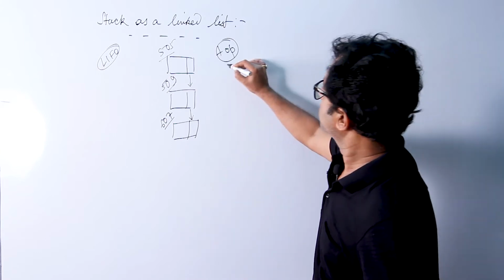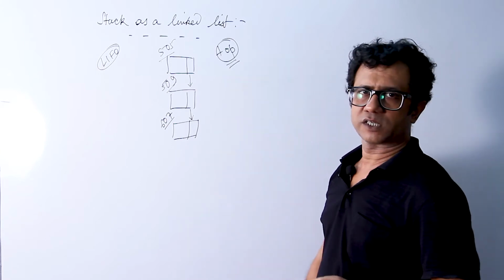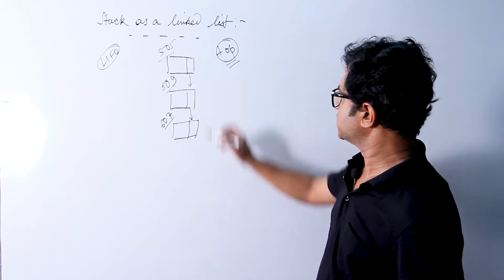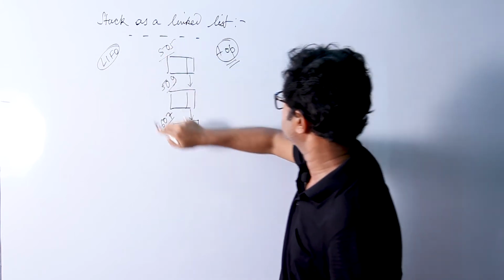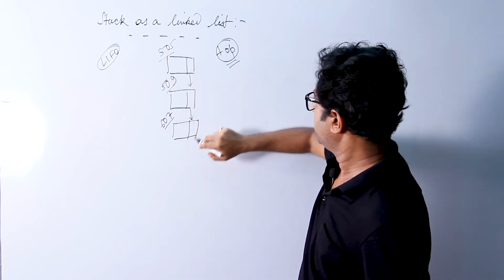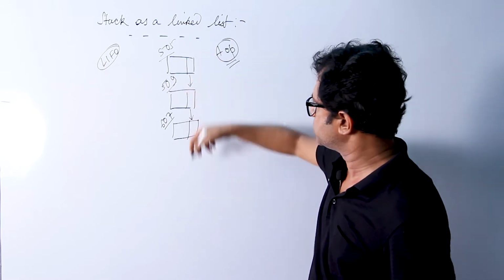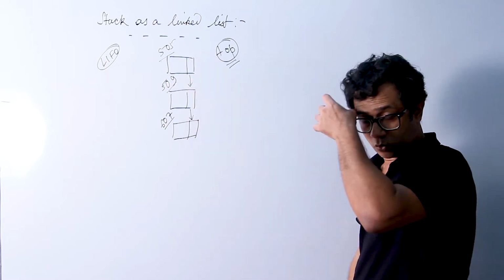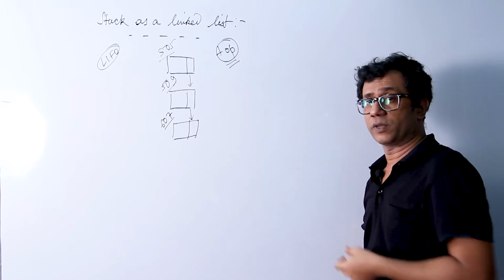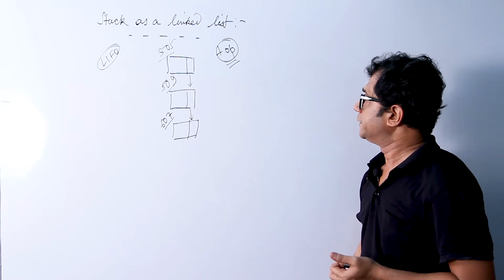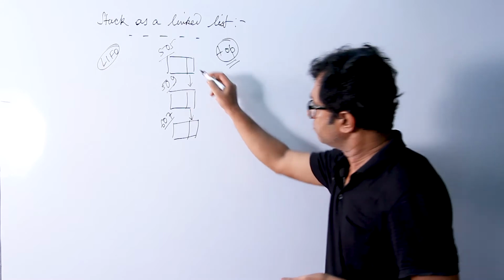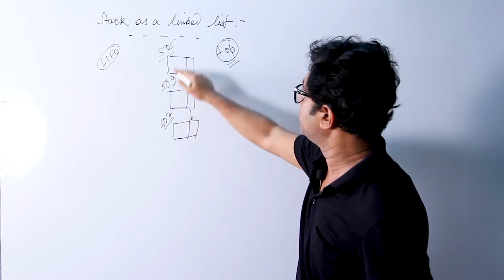So this top will be the most important parameter of the stack to be reckoned with. In this example we have taken this entire stack, which is nothing but a singly linked list, written in an upright position in order to make you understand the concept of the stack. That is, this is a stack implemented as a linked list.